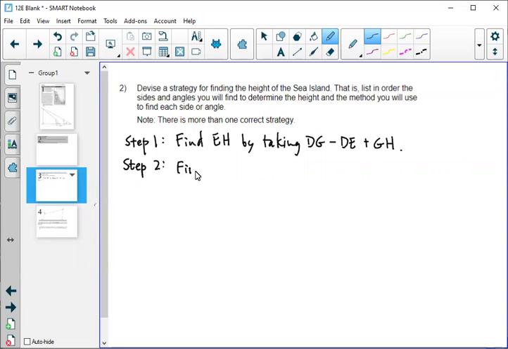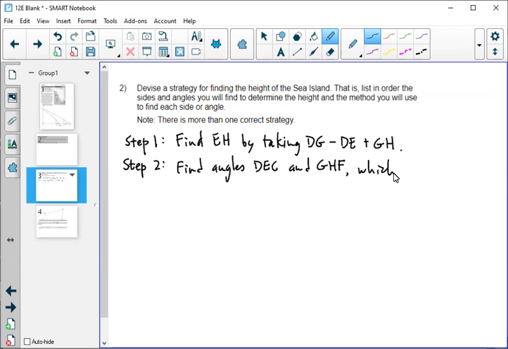Here, we want to find angles DEC and GHF. Let me write that here. Find angles DEC and GHF.